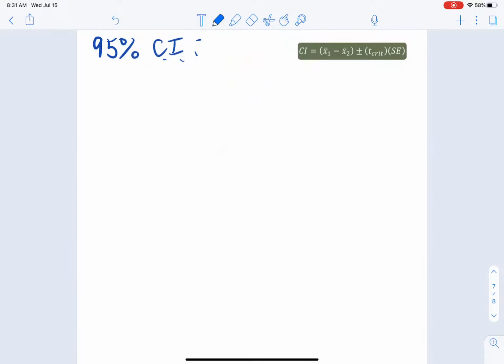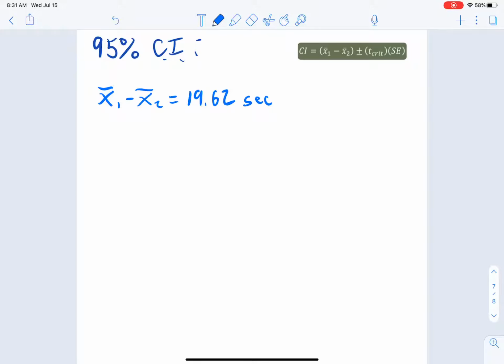So we need X bar 1 minus X bar 2. And we found that was 19.62 seconds. So the difference between the two means is 19.62 seconds. Okay.